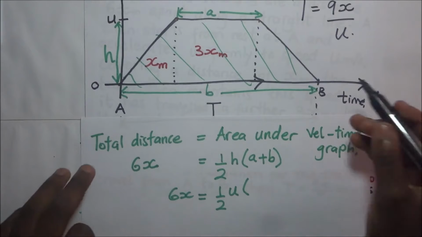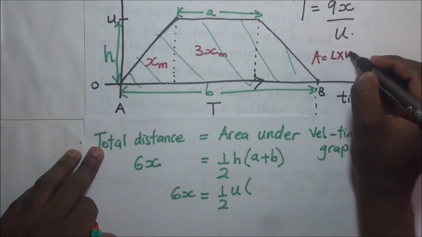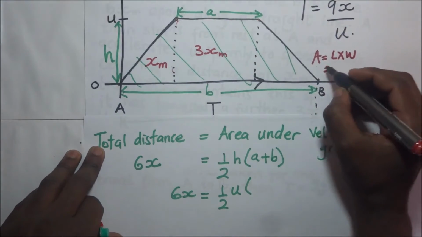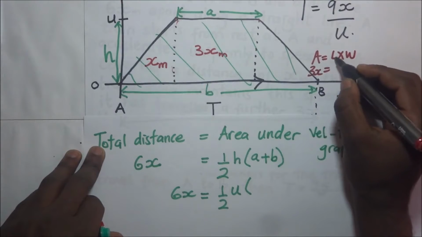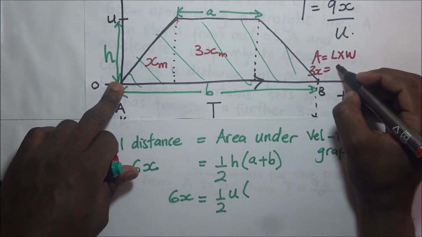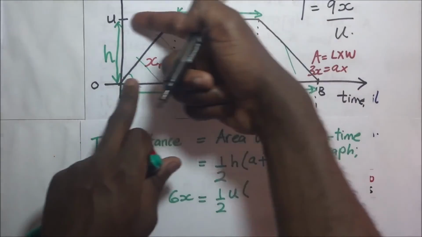If I may do some side work here, the total area is going to be equal to length times width. Now the total area under this middle portion is 3x, which is going to be equal to the length, the so-called A, times the width. The width happens to be U.